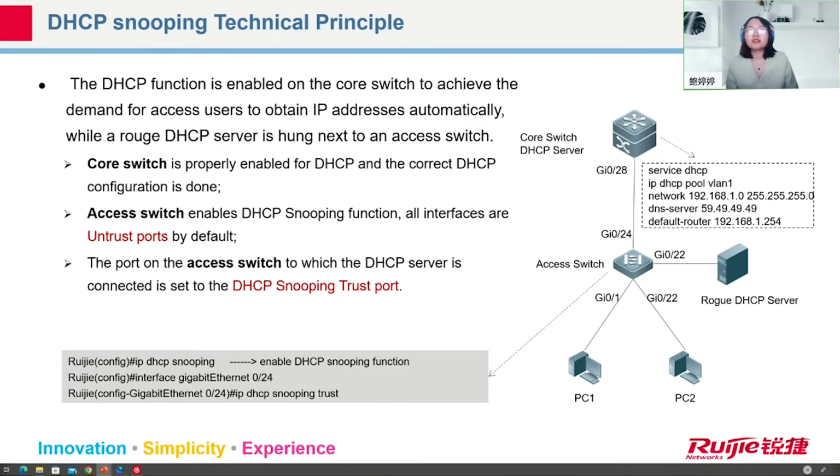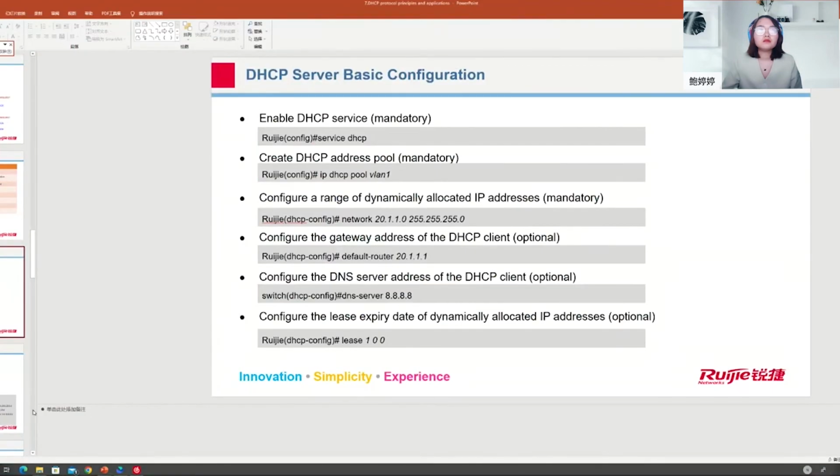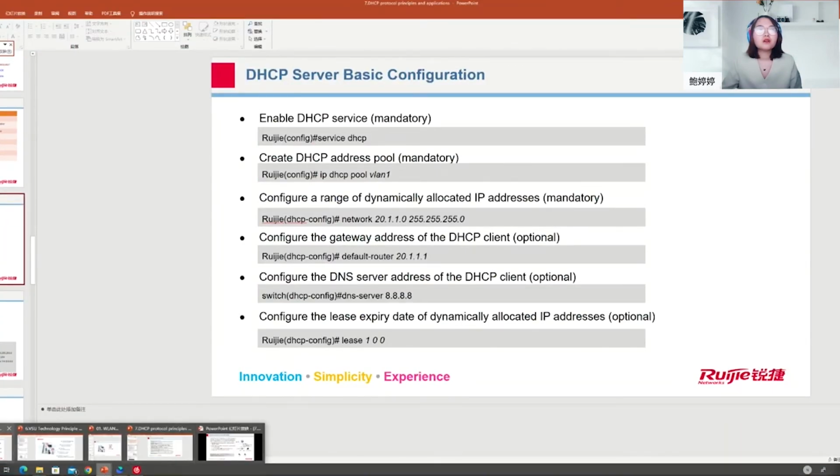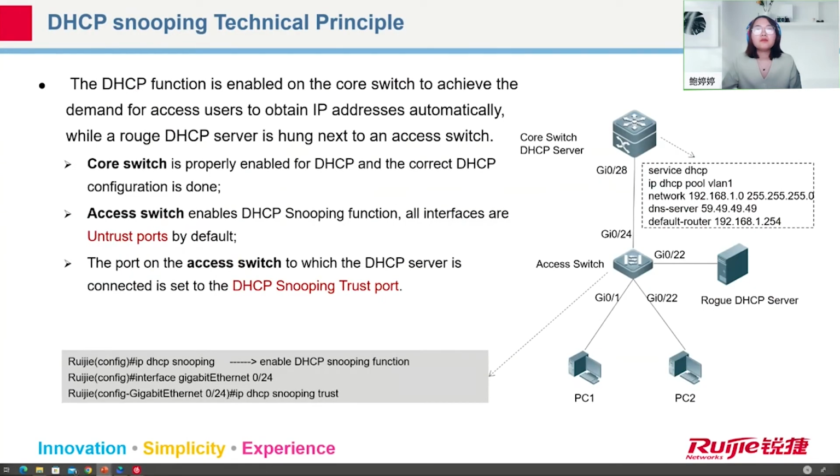Then we enter interface GigabitEthernet 0/24 and configure ip dhcp snooping trust. Then interface 24 will become the trust interface.